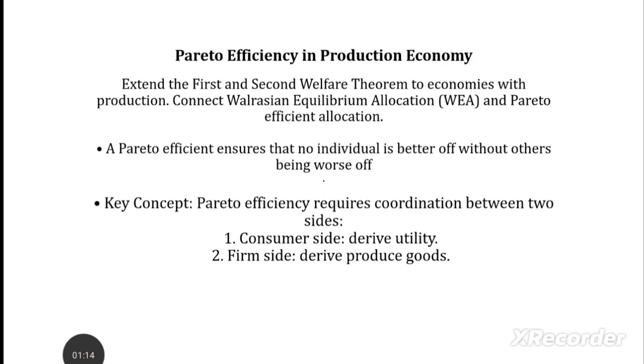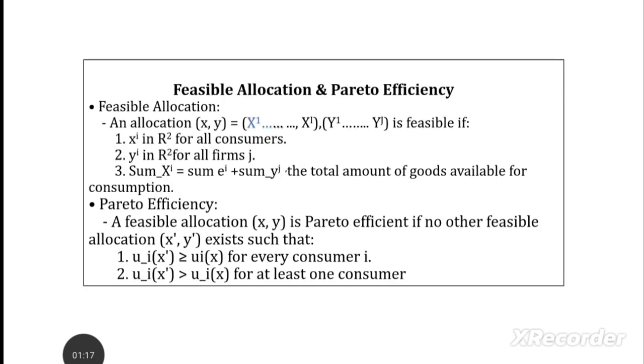The next slide: feasible allocation and Pareto efficiency. In feasible allocation, given an allocation x and y, x denotes the consumer allocation and y the producer allocation.